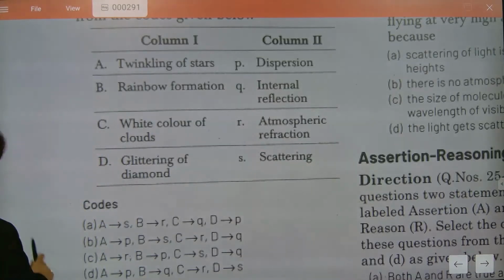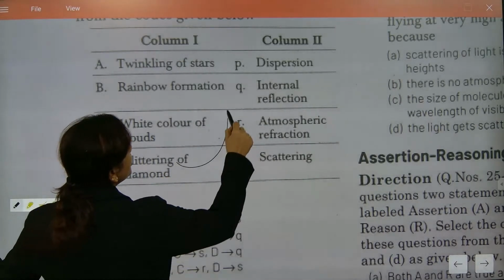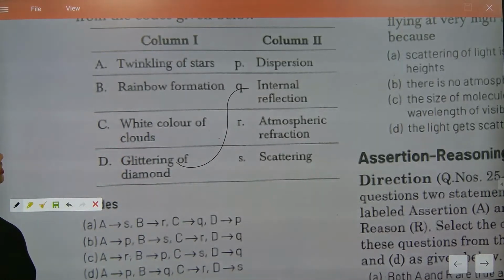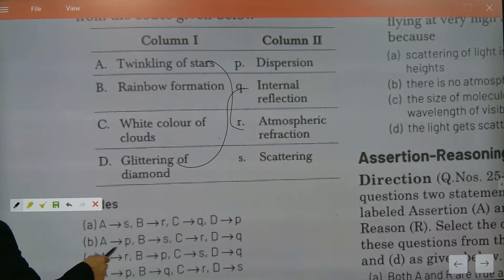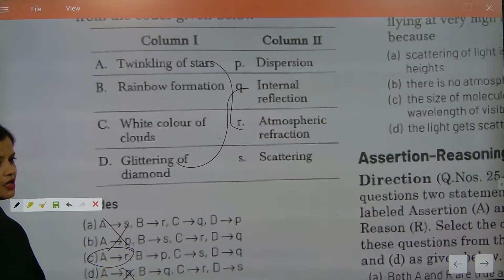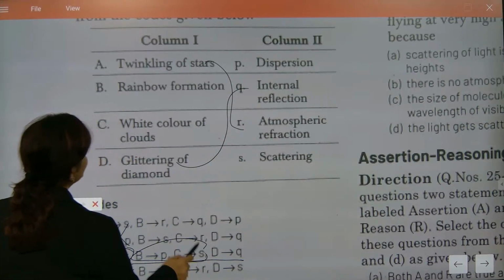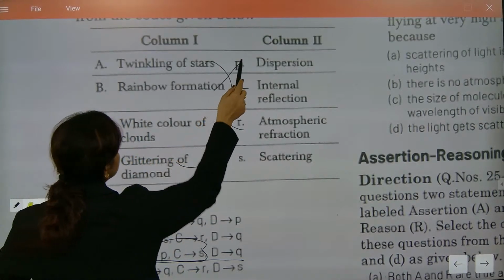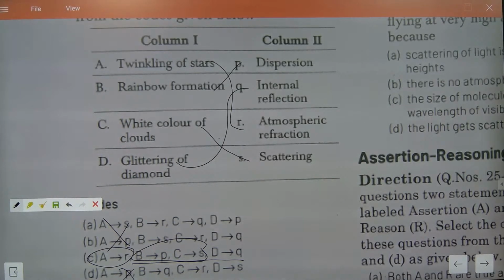Internal reflection. I asked you four times. Glittering of diamond is internal reflection. Twinkling of stars, this one is A. So the first answer is coming as R. Here all are wrong. After that, D is equal to Q. Two parts are correct. Now the B part is coming as P, dispersion, and the C part is coming as S, white color dispersed scattering. Understood now?